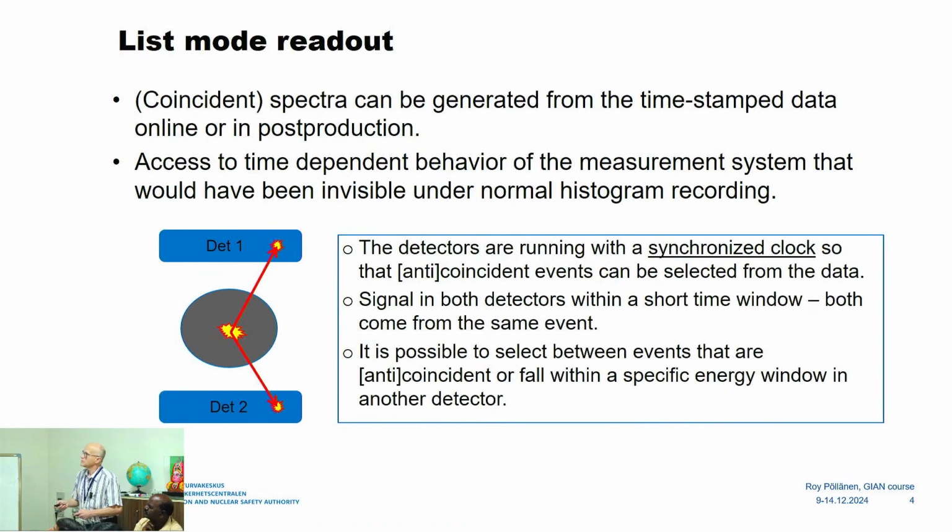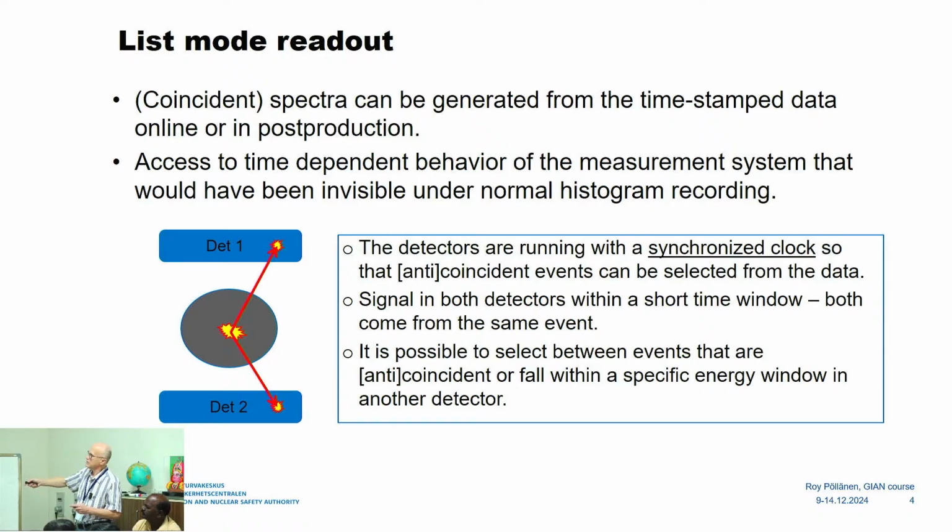So, coincident spectra can be generated from the time-stamped data online or in post-production. You can see here, this is the sample. This can be a gamma ray spectrometer and this can be an alpha spectrometer.